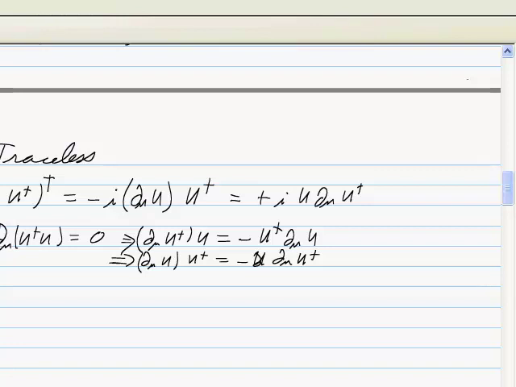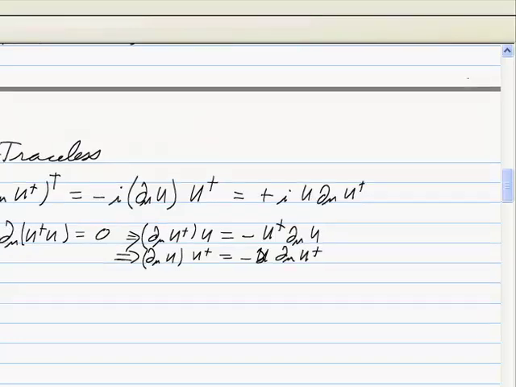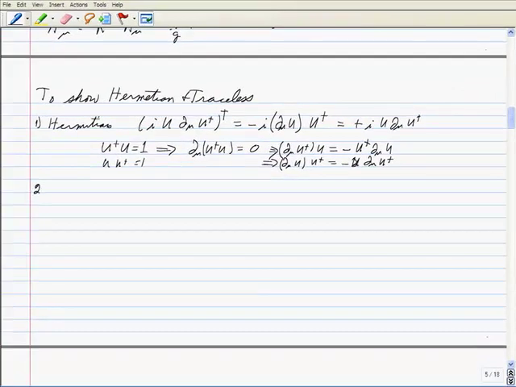When you have these matrices, that's why it's worth showing it to you. The other one, the traceless part, I don't have a nice fancy proof for.